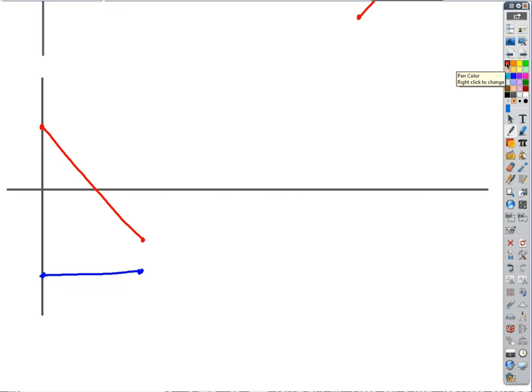Now let's do something like that. And let's assume that the slope of the line is increasing uniformly. Okay. So what's happening here? Now this time, we've got to maybe take some individual points and map those to derivatives.